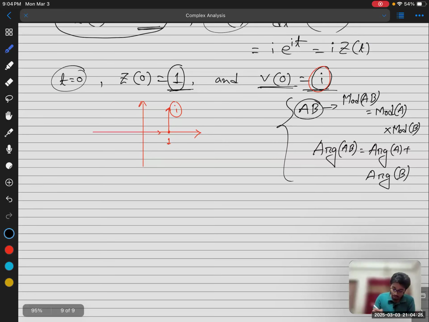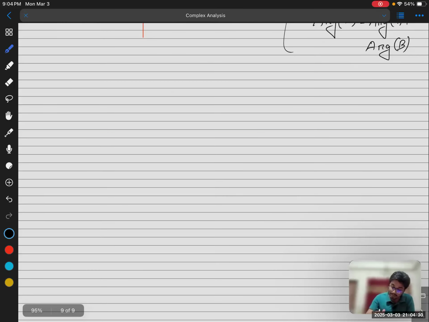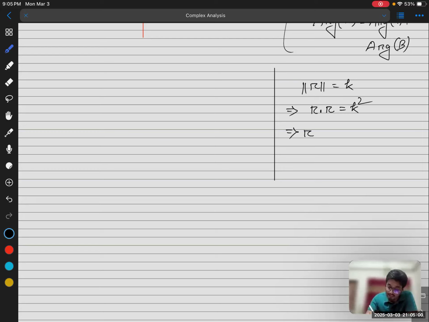So we'll now prove something later. Let's say any position vector, let's say r is representing the position of a particle at time t, and its modulus is always a constant. So it is basically representing a circle. And now from here we can say that r dot r is equal to k squared, and then we differentiate.